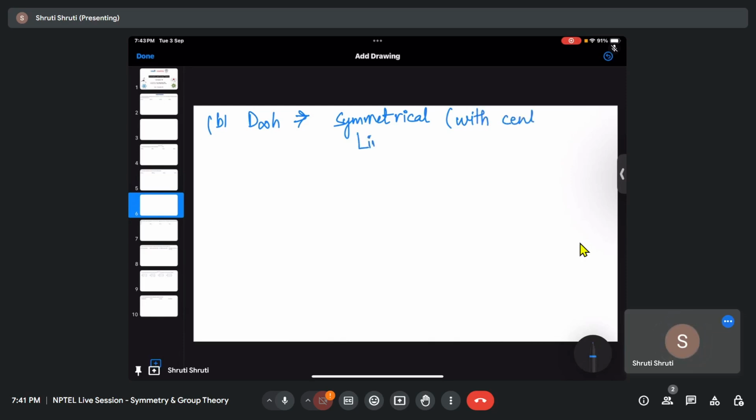Linear, symmetrical, with a center of inversion.